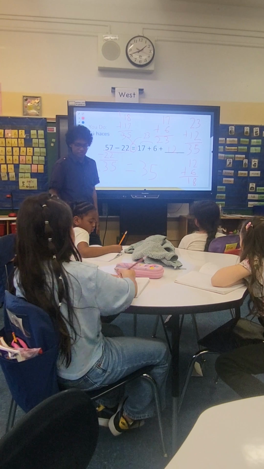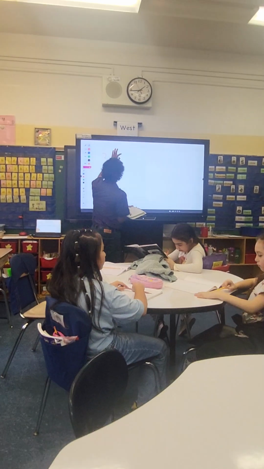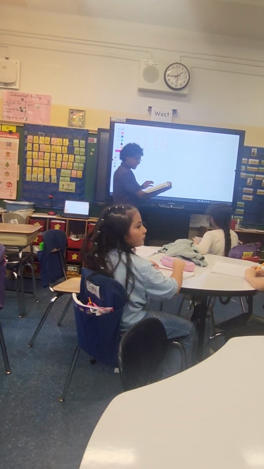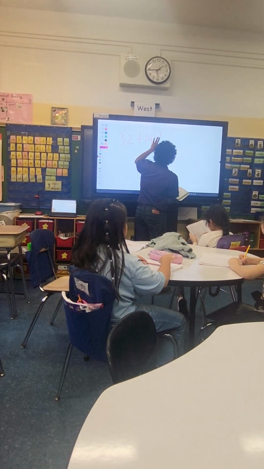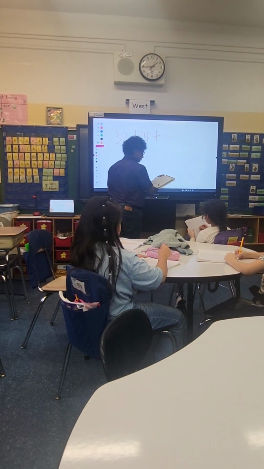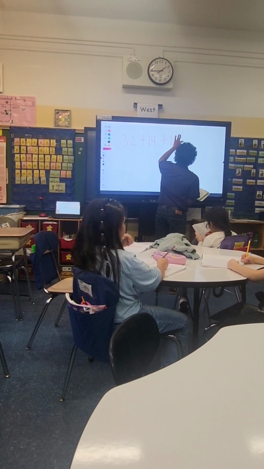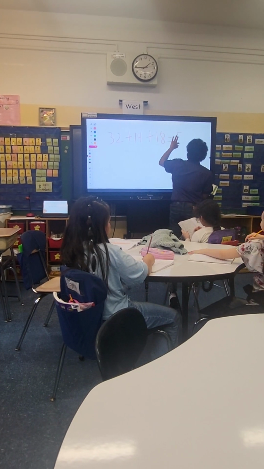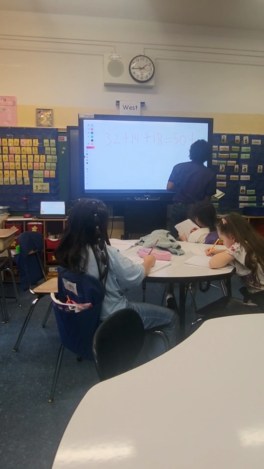You don't gotta copy all of it though. Plus 14. You guys can try copying this while I'm writing it. 32 plus 14 plus 18 equals 50 plus blank.